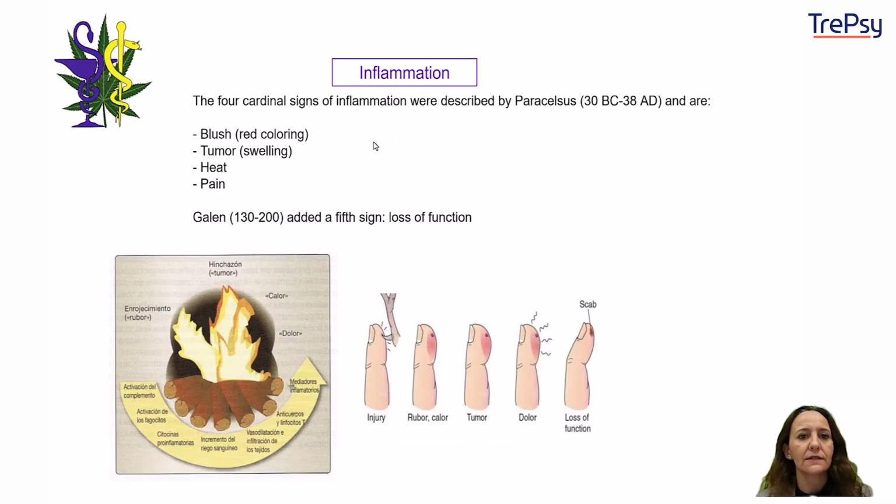The four cardinal signs of inflammation were described by Paracelsus and are rubor, which is red coloring of the skin or an organ, tumor, that is the swelling, heat, and pain. Also, Galen added the fifth sign, which is loss of function. So these are the five characteristics that define inflammation.